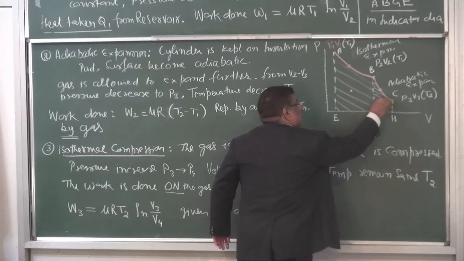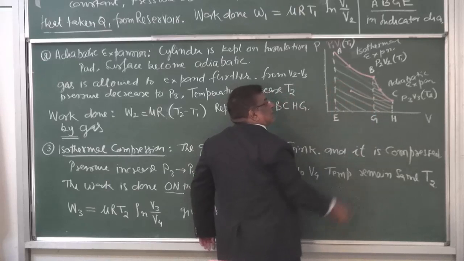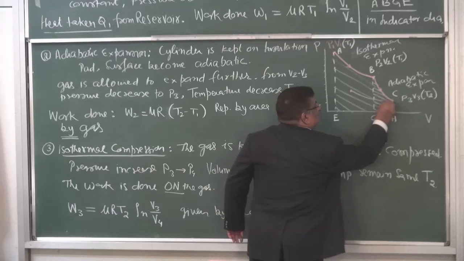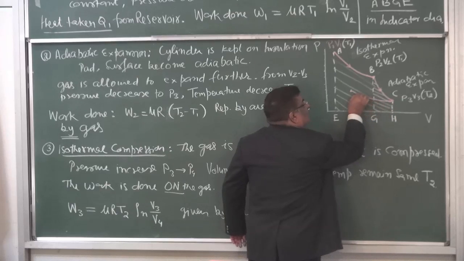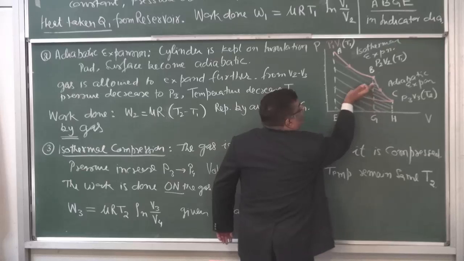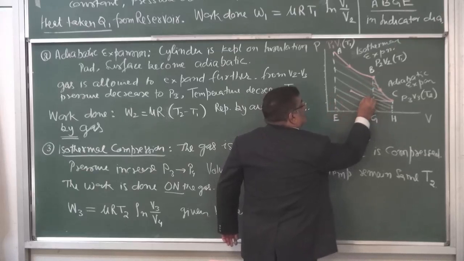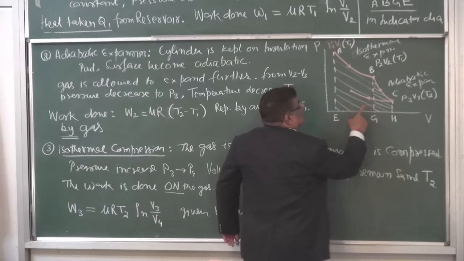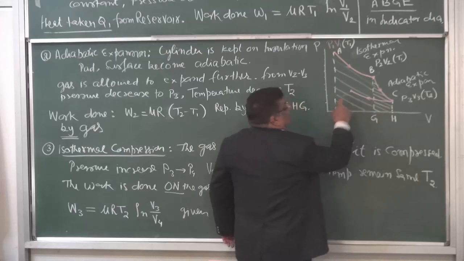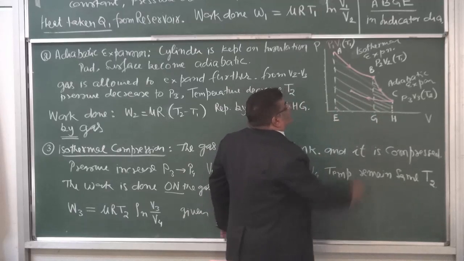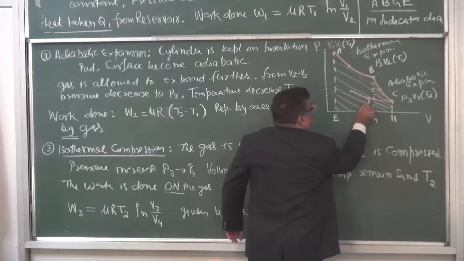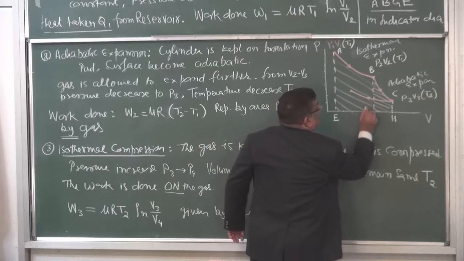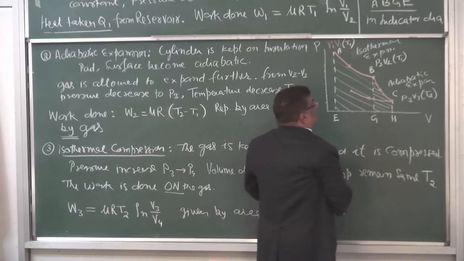This process should never come down, because as the volume decreases, pressure goes on increasing, it goes up in this direction. This direction shows compression. This arrow shows expansion, this arrow shows compression, and this is isothermal compression.